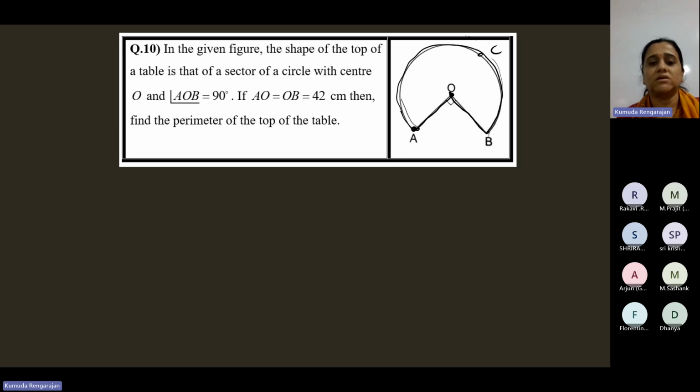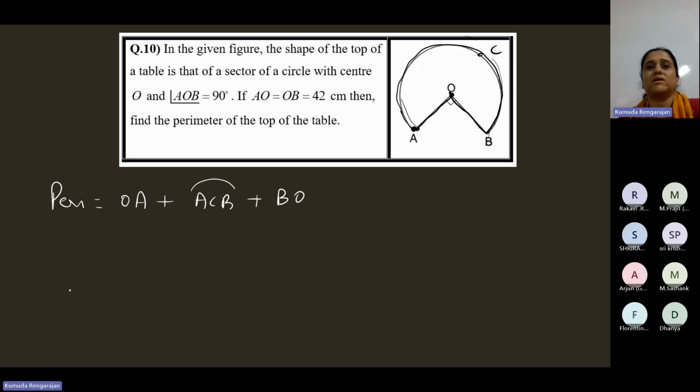So how much is the radius? 42. So 42 plus 42 plus. So the perimeter of the tabletop is equal to OA plus length of arc ACB plus BO or OB, whatever.